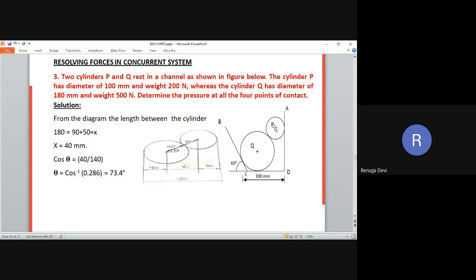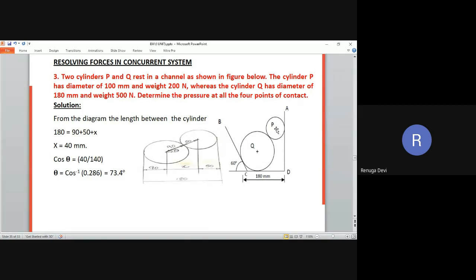Transmissibility means, you just see this cylinder, the first cylinder I am taking. So what are all the forces acting on this particular cylinder? Here they have not given any force. Simply one cylinder is connected with another cylinder. That's it. They did not mention any forces on this, but you will get the forces. How will you get them? Here one support is acting, here another support is acting.